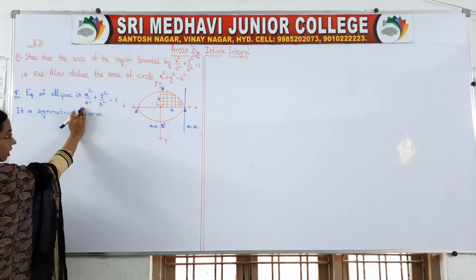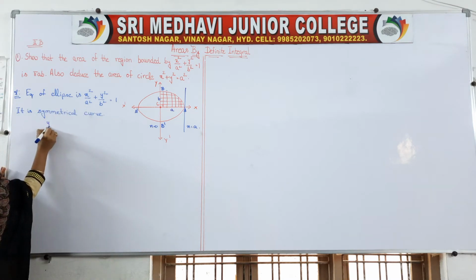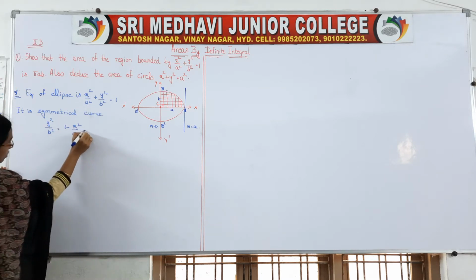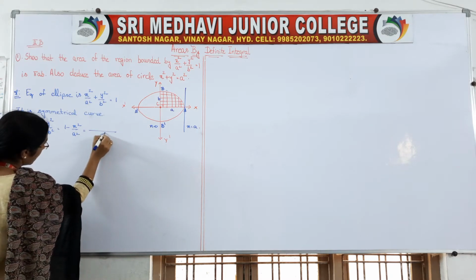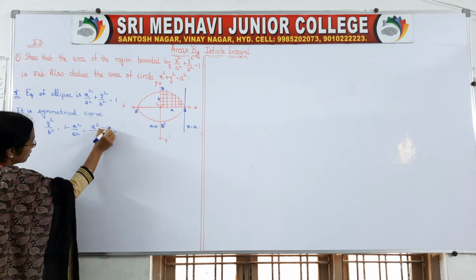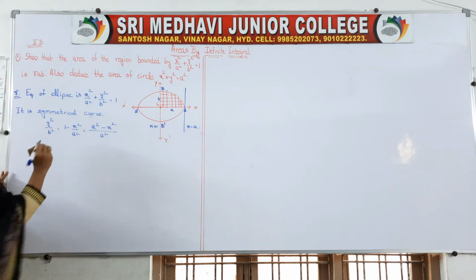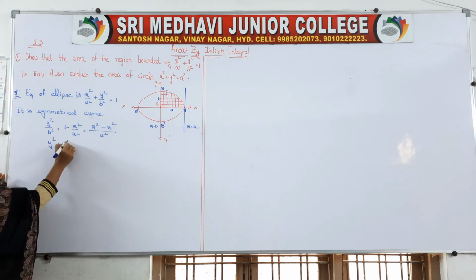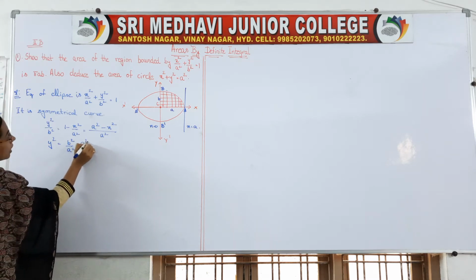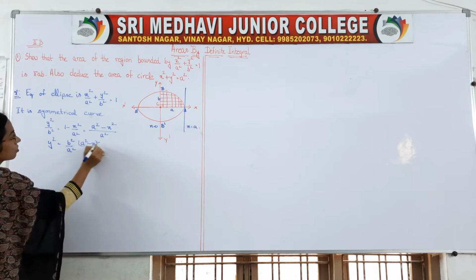Now try to get your curve equation. So y square by b square is equal to 1 minus x square by a square, which is a square minus x square by a square, a square being the LCM. Next, y square is equal to b square by a square into a square minus x square.